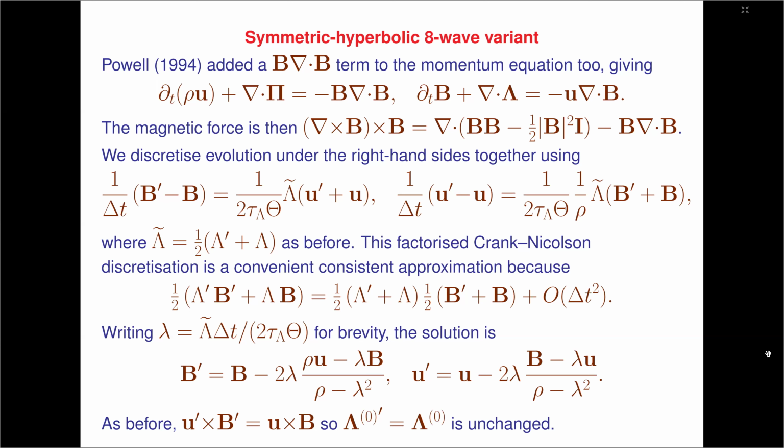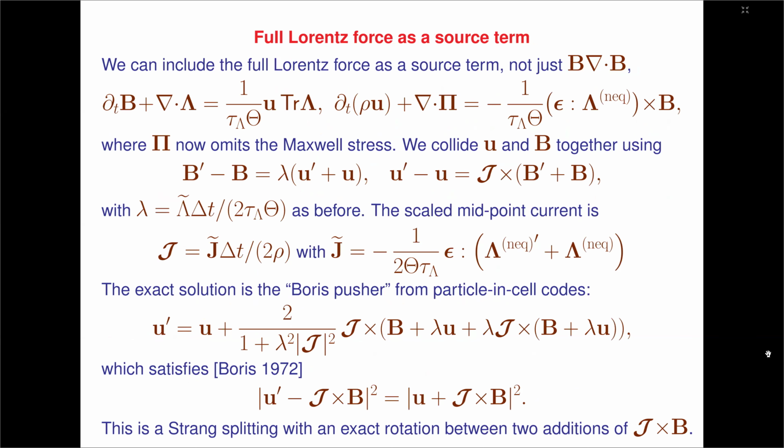So then if I'm doing all this, I could think, well, maybe I could just do the whole Lorentz force as a source term. And some of the early work on 3D lattice Boltzmann MHD did it this way too. So now I've got to take out the Maxwell stress from there, and put the whole Lorentz force in here using the current I get from the anti-symmetric parts of that non-equilibrium lambda, scale it, and take it at the midpoint.